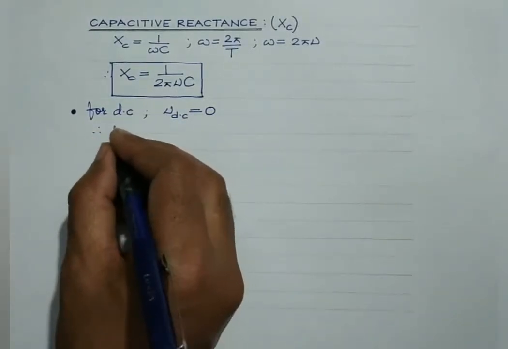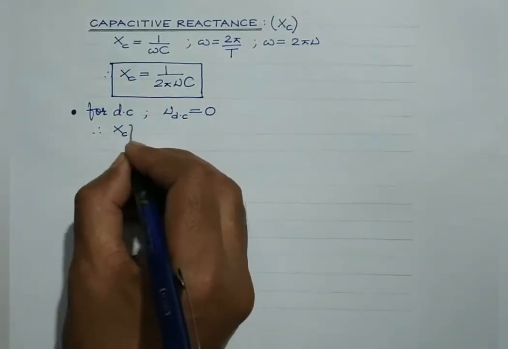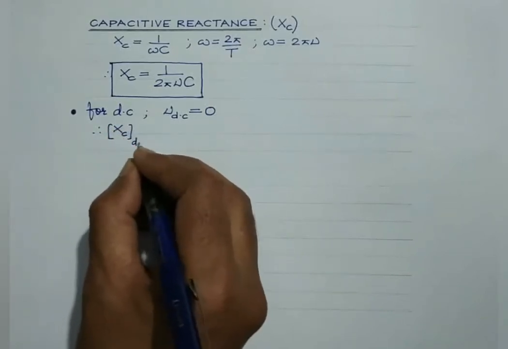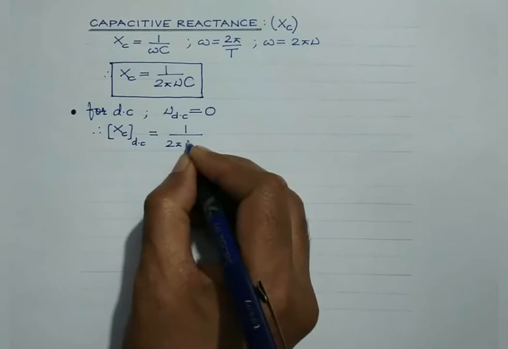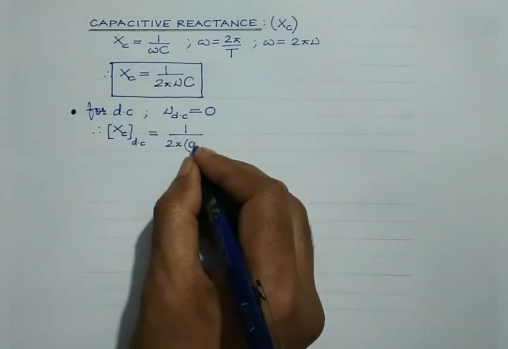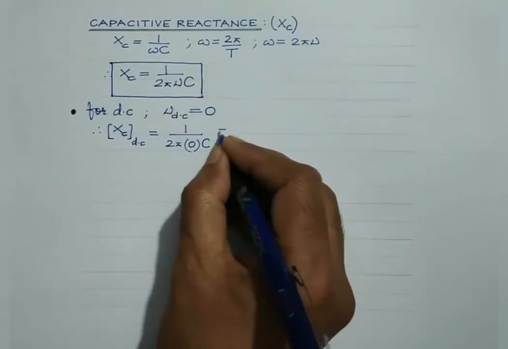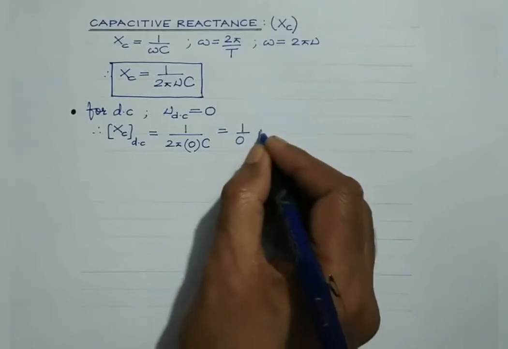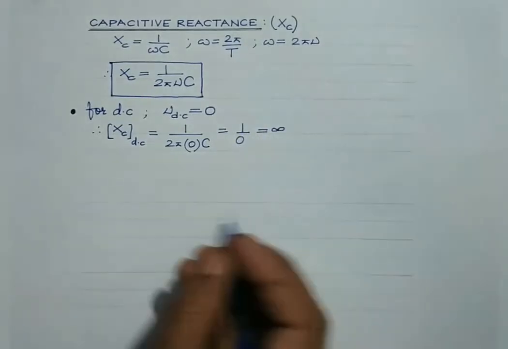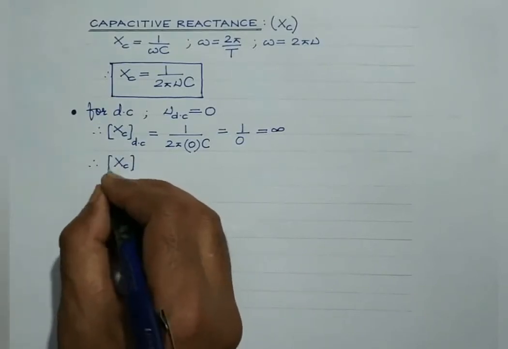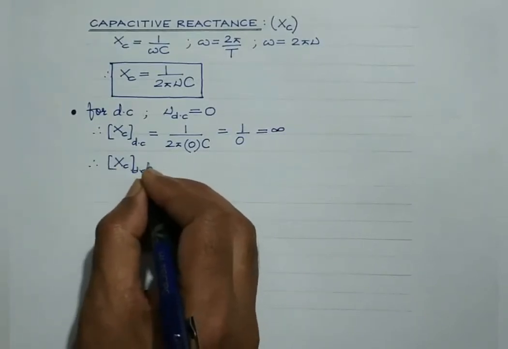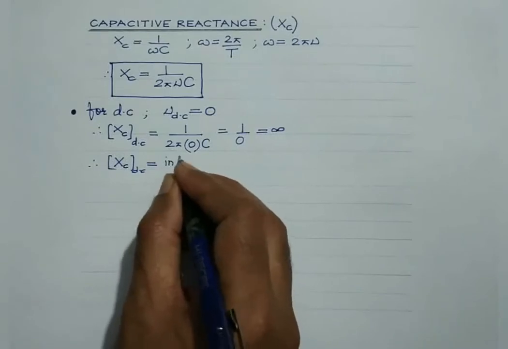Therefore, the capacitive reactance in case of DC would be equal to 1 by 2 pi, in place of nu I should substitute 0. So it will be equal to 1 by 0, and that is infinite. Therefore, the capacitive reactance in the case of DC is infinite.